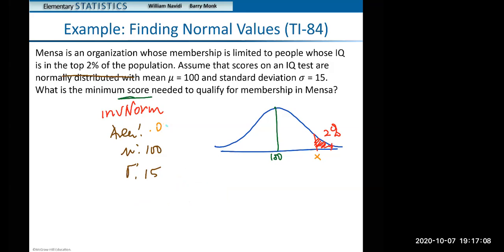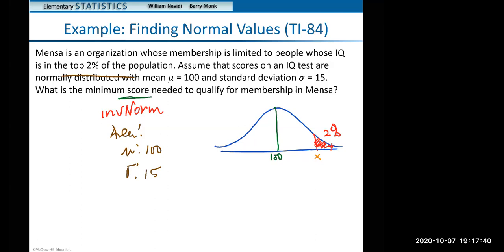If you don't have a tail, what is your area? Would it be 0.02? If you don't have a tail, what's going to be your area? 0.98.